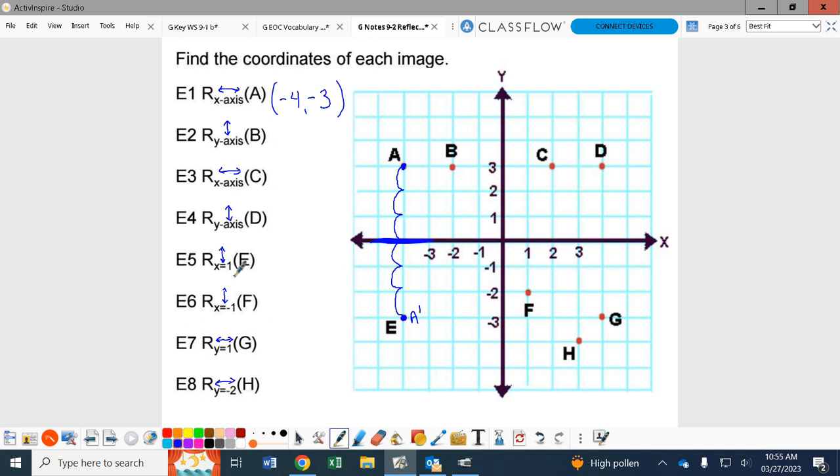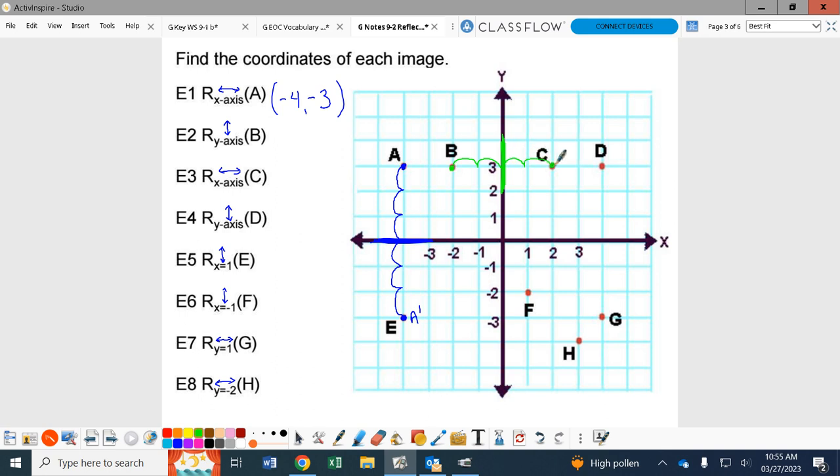Okay, here we go. For the next one, in green, we are going to be reflecting point B across the y-axis. This is the y-axis. How far away from that y-axis is B? 2 blocks. So I'm going to go 2 blocks this way.